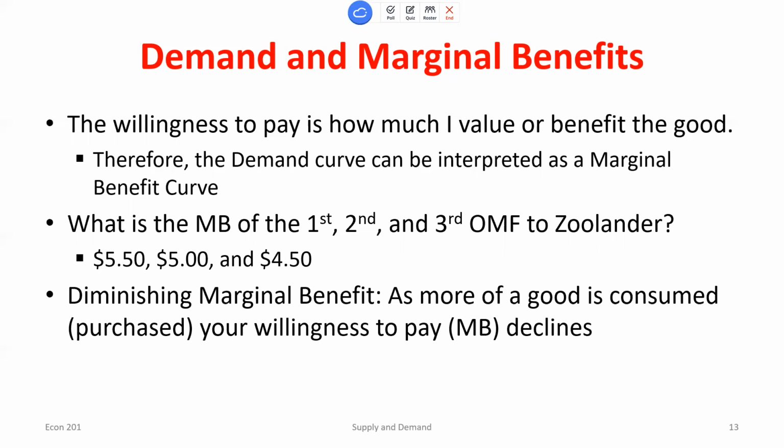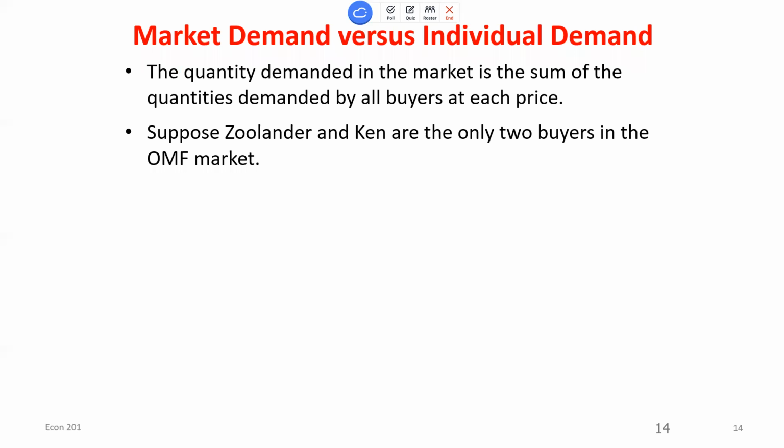And that's what I was trying to build up here with returning to that theory example to start off class, right? As I purchase more, as that quantity goes up, the marginal benefit of each additional unit is falling. Okay.